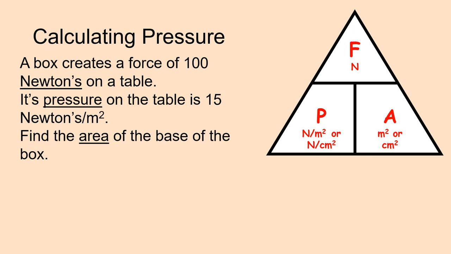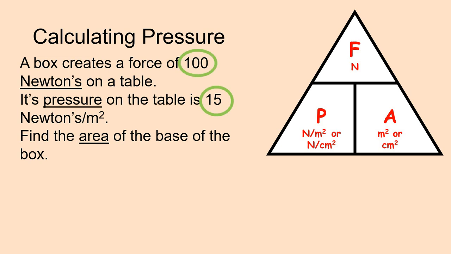Let's have a go at this question. A box creates a force of 100 newtons on a table. Its pressure on the table is 15 newtons per metre squared. Find the area of the base of the box. So we need to find out the area.